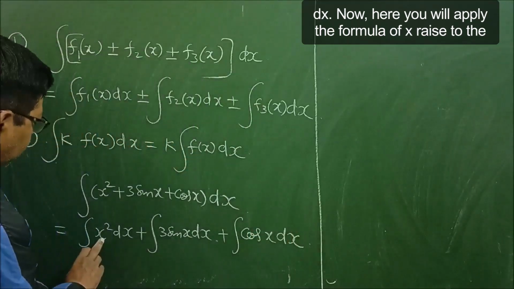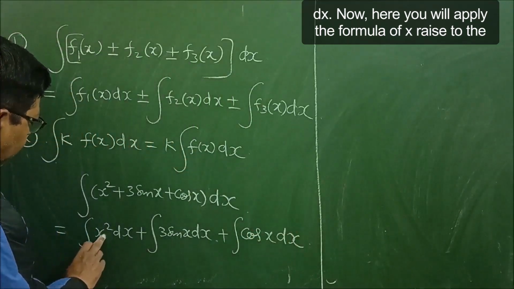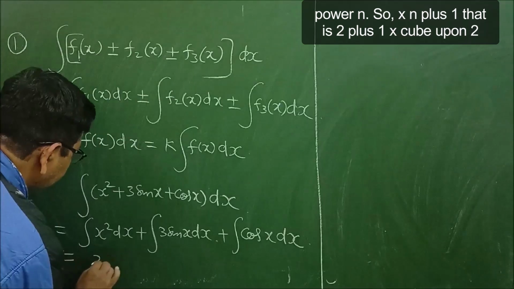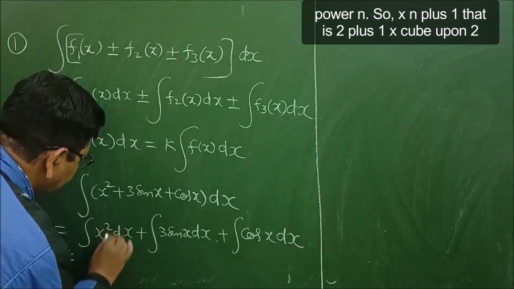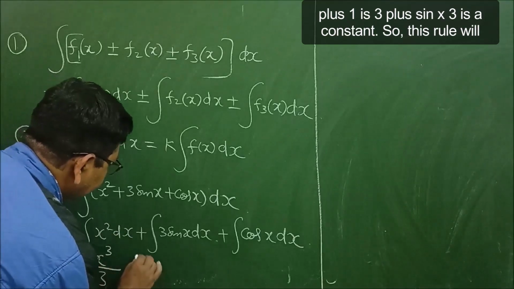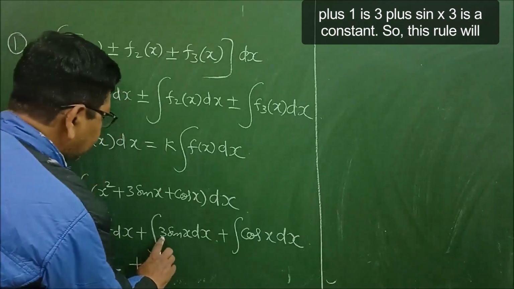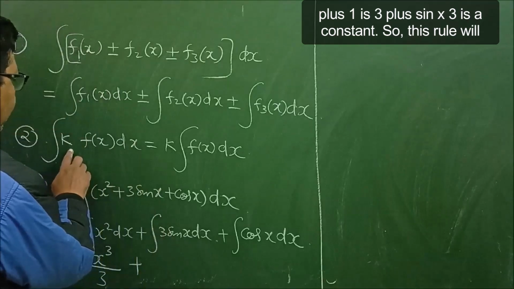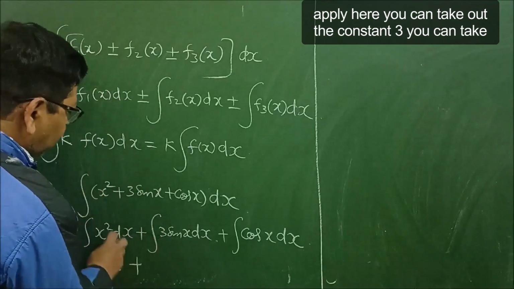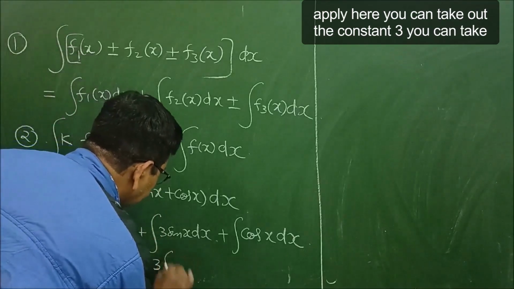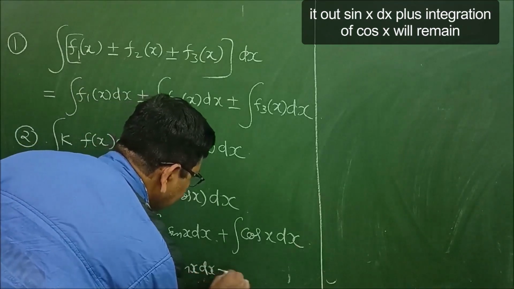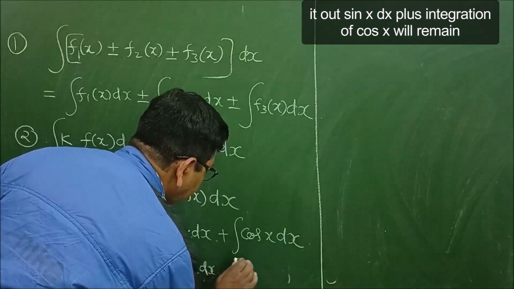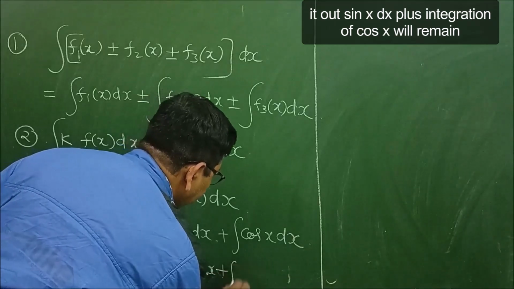Now as you know, here you will apply the formula of x raised to the power n. So x to the power n plus 1, that is 2 plus 1, x cube upon 2 plus 1 is 3, plus 3 is a constant, so this rule will apply here. You can take out the constant 3, sin x dx, plus integration of cos x dx will remain.